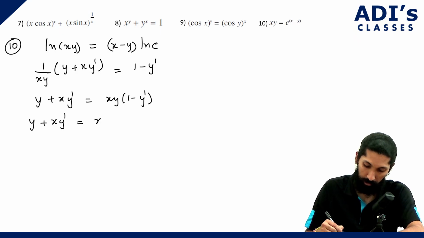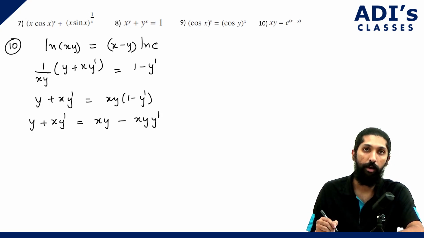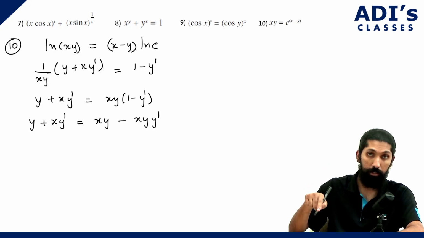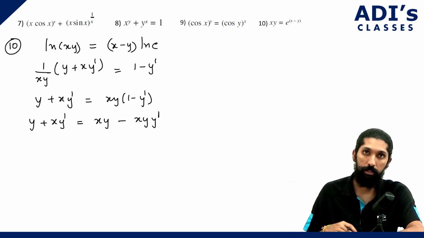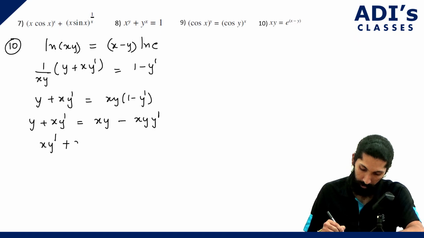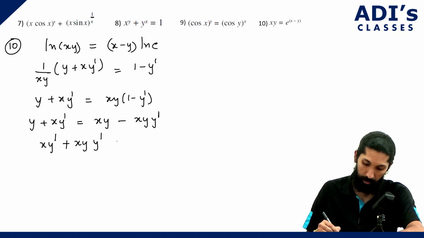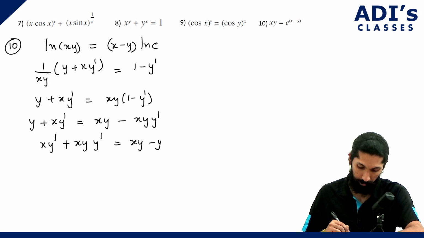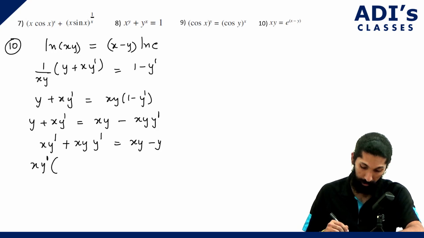Alright, RHS y dash, take it to the LHS. So you will have xy dash plus xy into y dash is xy minus y. Now here take y dash common. If you take y dash common, x into 1 plus y is equal to y into x minus 1.